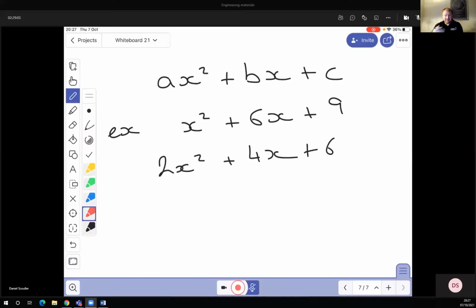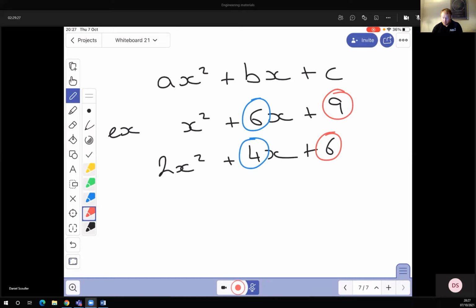When I say we're trying to multiply two numbers together to make the c term, in the first expression the c term would be 9, and in this one it would be 6. Likewise, the b term would be this 6, and the b term in the one below would be this 4.